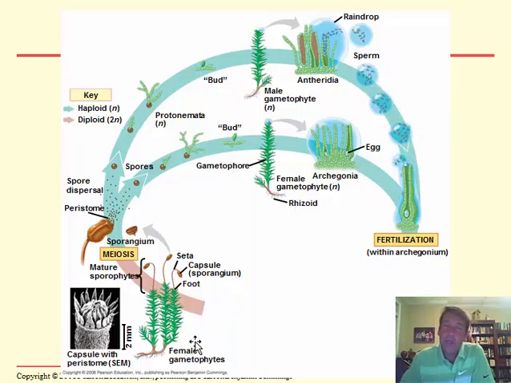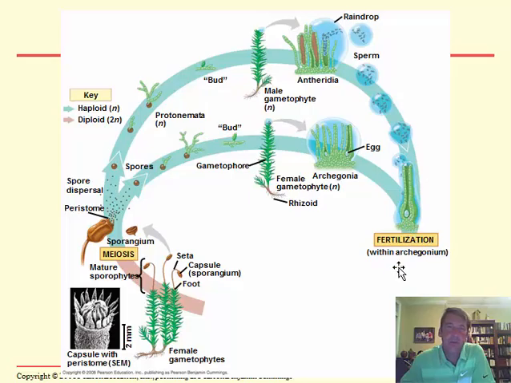So in order for that to occur, these mosses are generally found in damp, wet locations so that water can transfer the sperm to the egg where fertilization can take place.